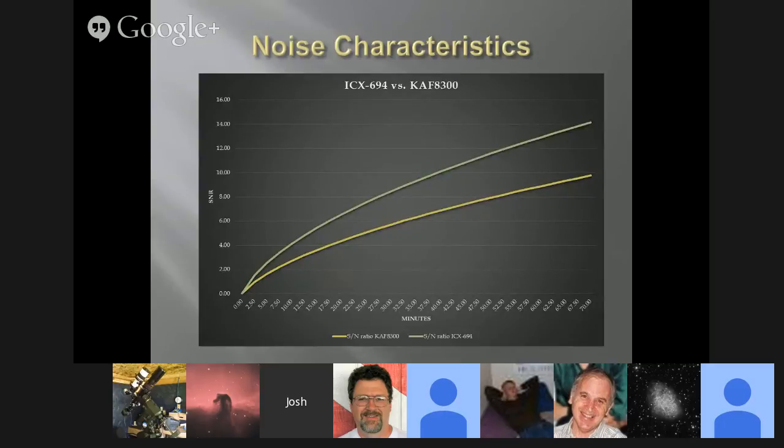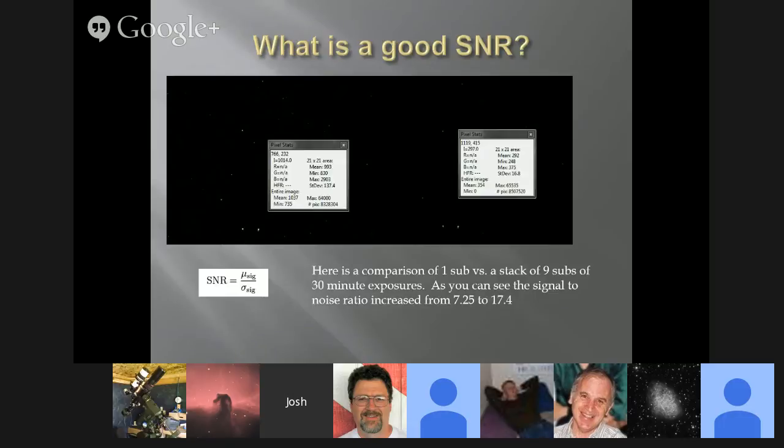Because you're dealing with the square root in the denominator, you are not building it directly over time. You get the most out of your image in the very beginning of it, and then the problem is you can't stop there because of the read noise. So you have to keep on exposing longer and longer, and you get a little bit of diminishing returns as you go longer. However, that can be dealt with somewhat with stacking.